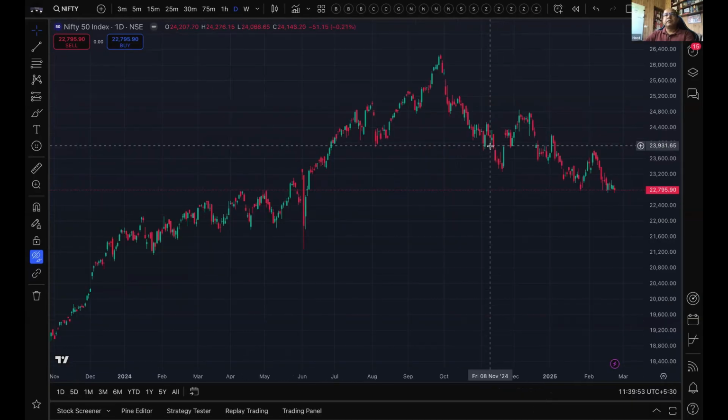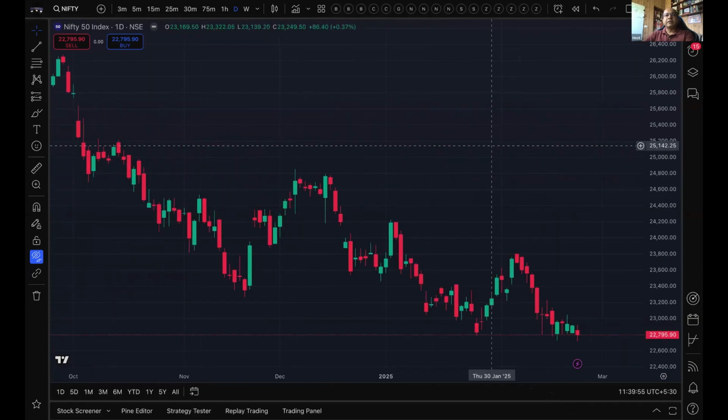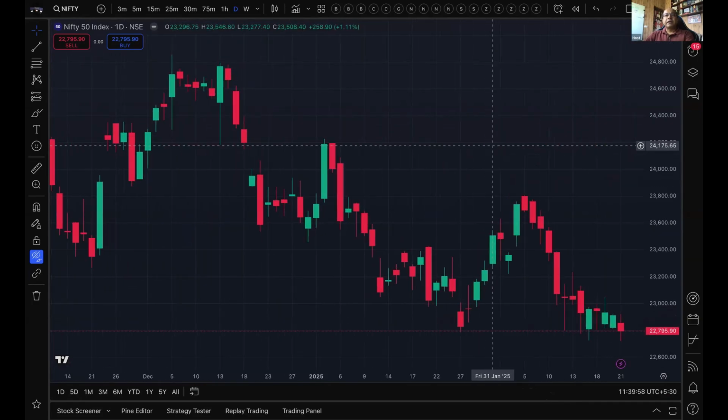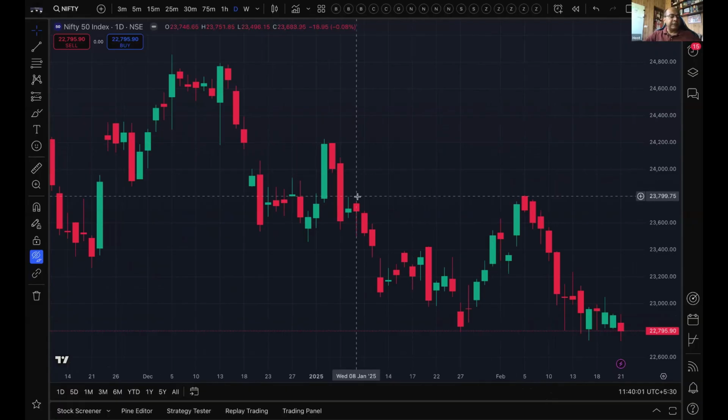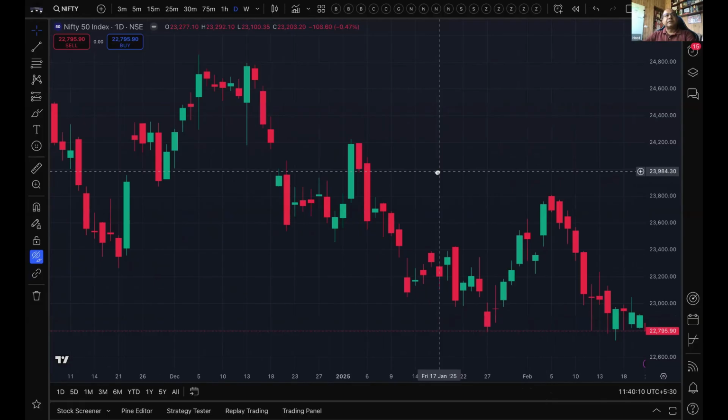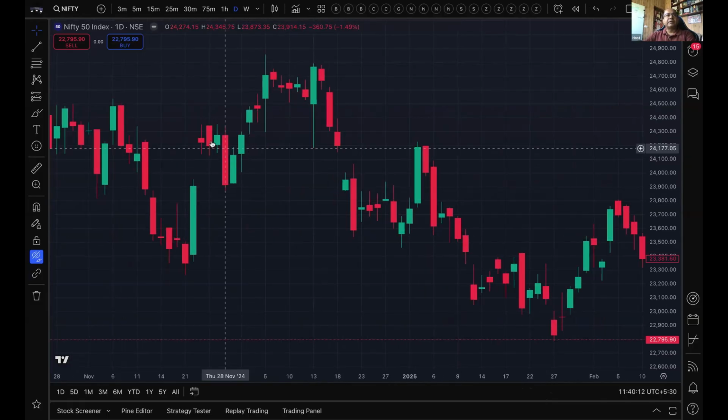So what you're seeing over here is Nifty, and this is nothing but a candlestick chart. One of the things that you need to remember in a candlestick chart is that it does not represent whether prices have fallen or gone up. If you look at this particular candle over here, prices actually moved up. This was the close on the 22nd of November. The close on the 25th, which was a Monday, was actually much higher than the 23rd.